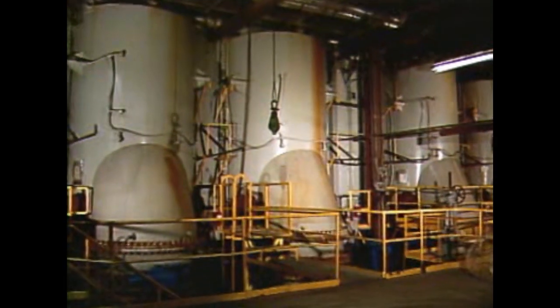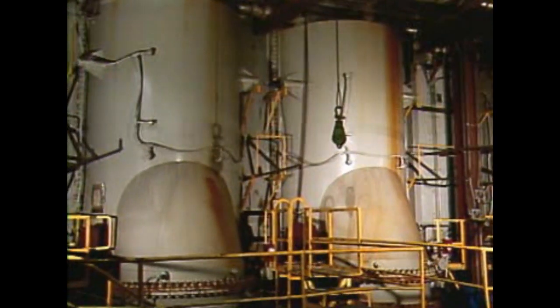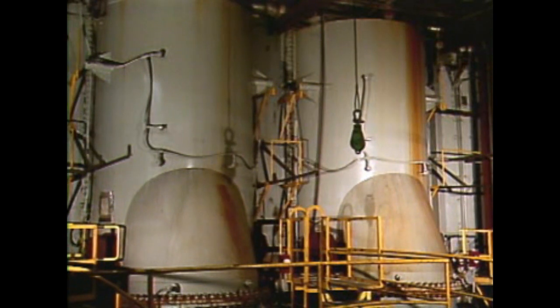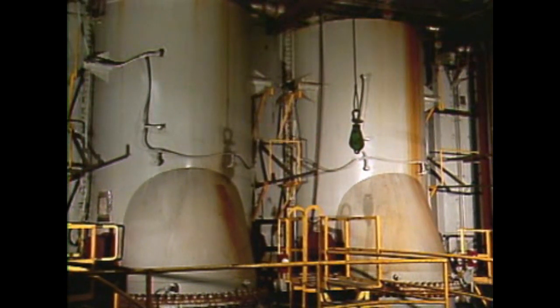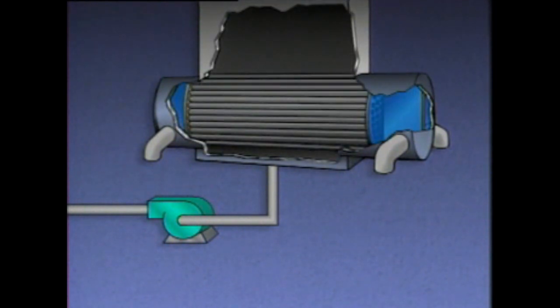After the steam from the boiler gives up much of its energy in the turbine, it flows into the condenser. A condenser is a large heat exchanger. It removes heat from the steam and converts the steam back to water. We'll use this illustration to explain how a condenser works. Inside, there are many small tubes with cold water running through them.